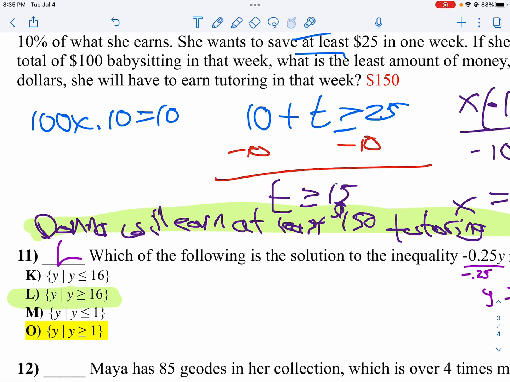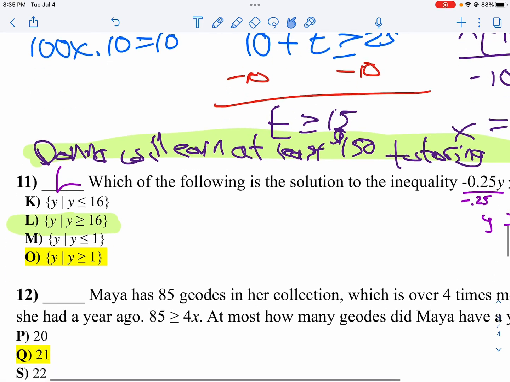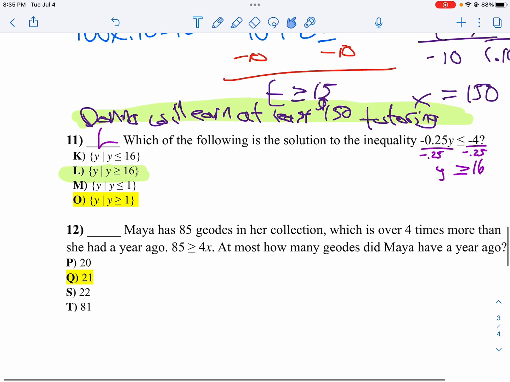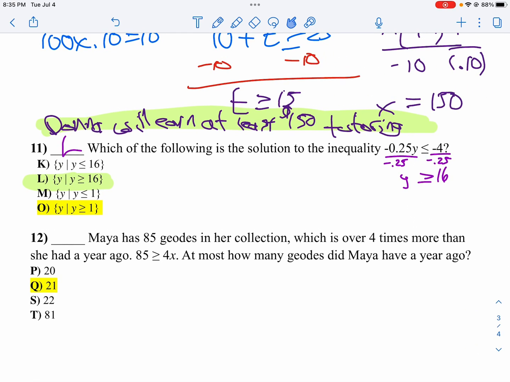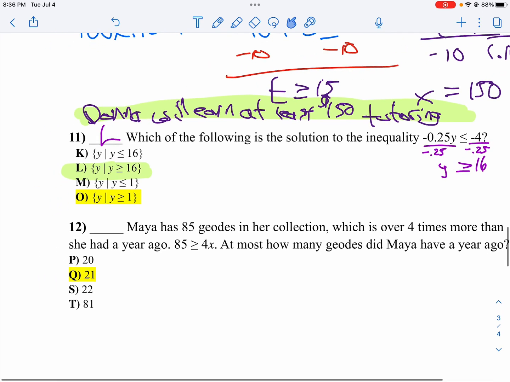For some reason in my ones that I highlight, sometimes it skips on me. I don't know why. Okay, Maya has 85 geodes in her collection, which is over 4 times more than she had a year ago. So 4x is less than 85, or 85 is greater than or equal to 4x. How many geodes did Maya have a year ago? Well, we're going to divide both sides by 4.